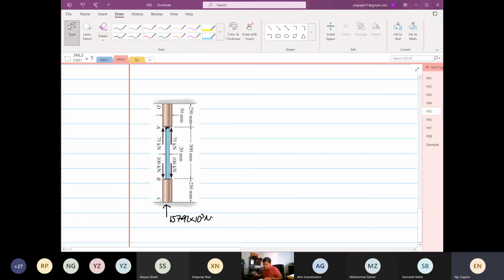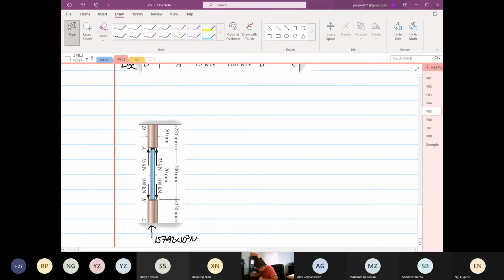So we are going to calculate the stresses of AD. The stress of AD is going to see the 75, it's going to see the 100, it's going to see the 157.92.